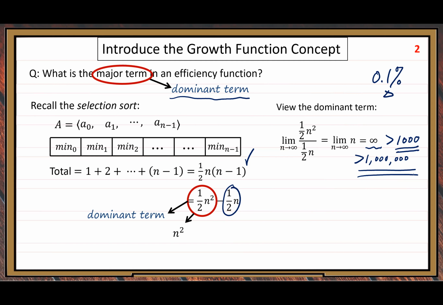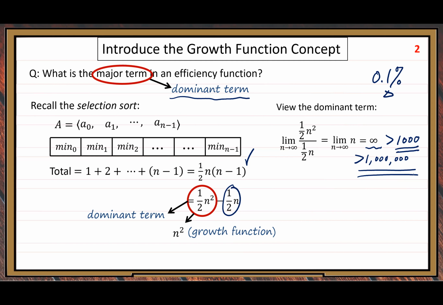Then move to the growth function. From the dominant term to the growth function, we ignore another piece of information. That is the constant coefficient. Here it is 1/2. We ignore that 1/2, then we move from the dominant term to the growth function. So this n squared becomes our simplest expression.